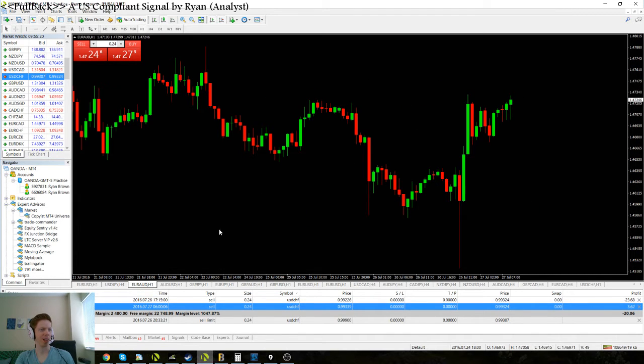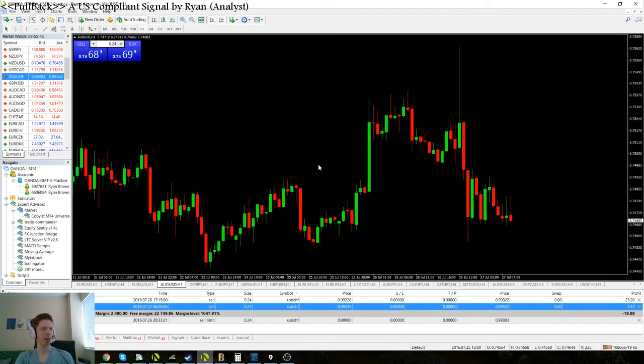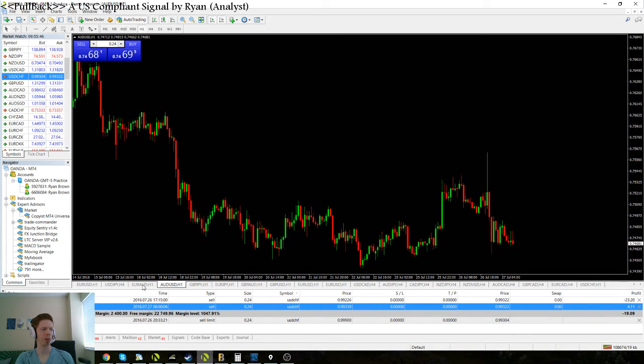Okay, so yeah, I mentioned the Euro Australian dollar, what happened with my trades, and the levels shown here. We'll see if this level holds, potentially moves down or up. Okay, the Aussie dollar is correlated to the Euro Australian dollar.